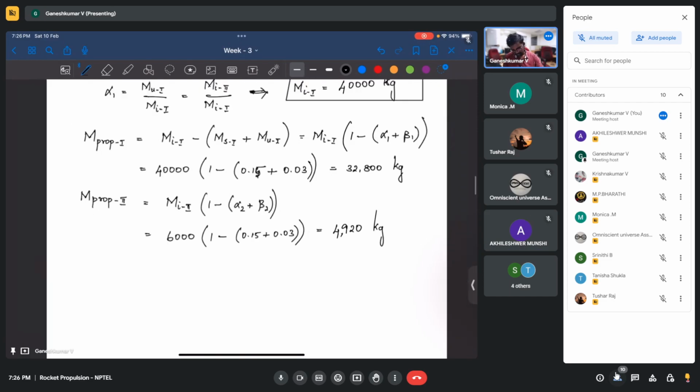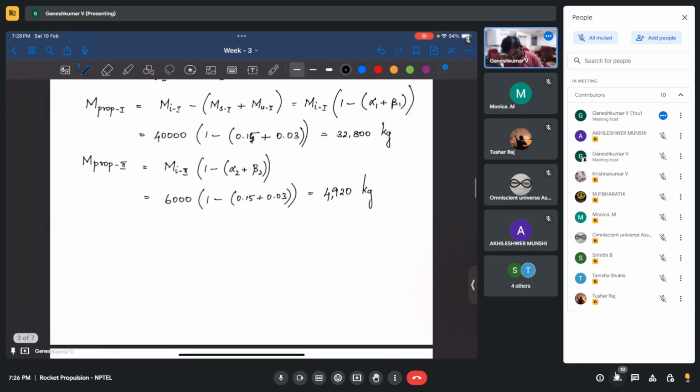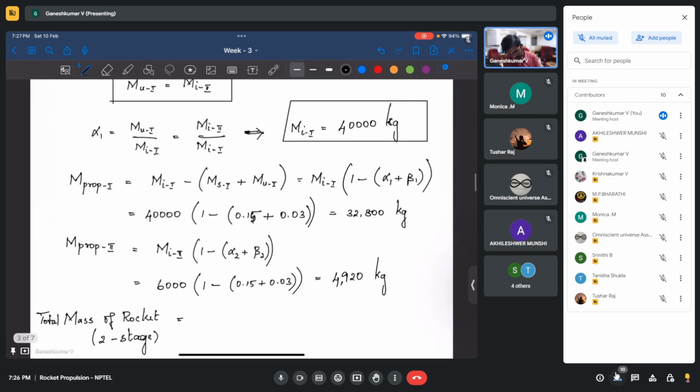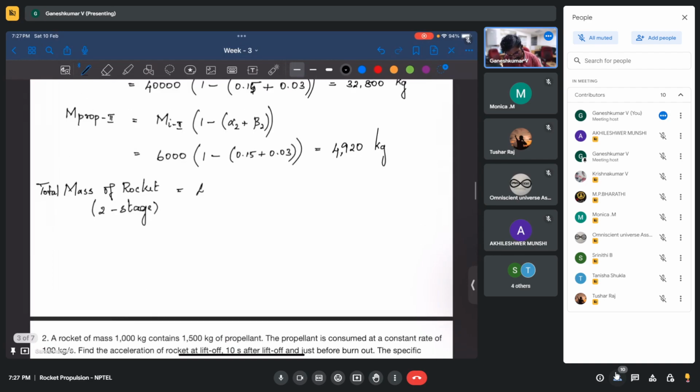Now let's try to add all these things up. The total mass of the two-stage rocket is what we calculated, which was around 40,000 kgs or 40 tons.